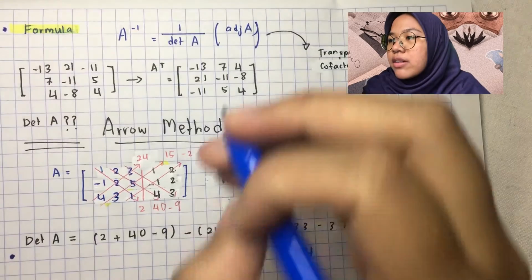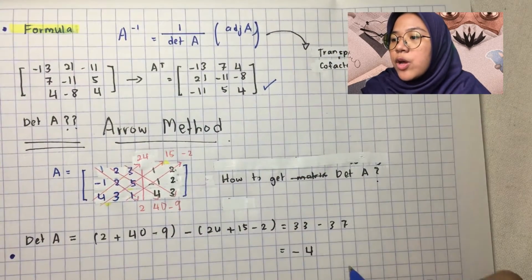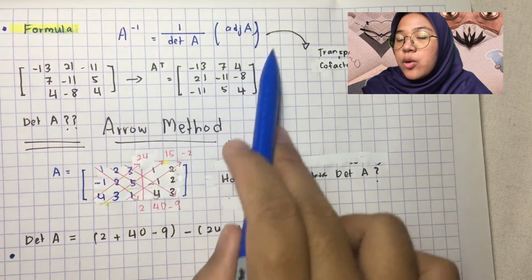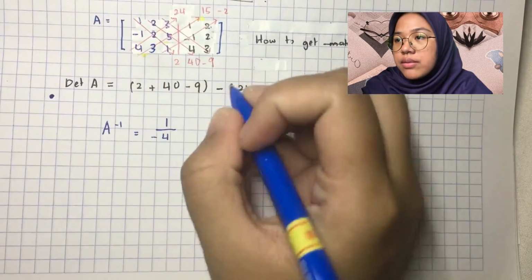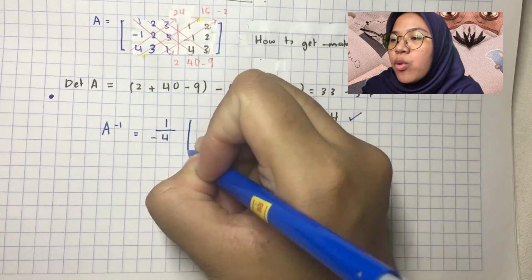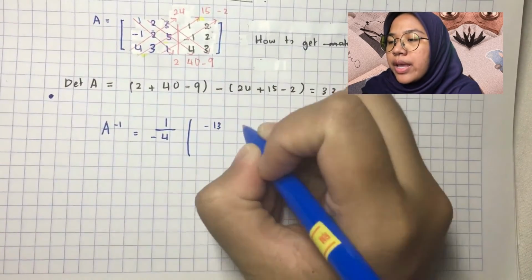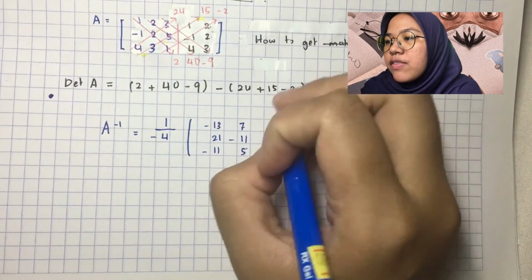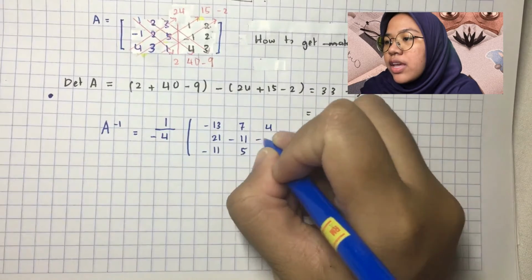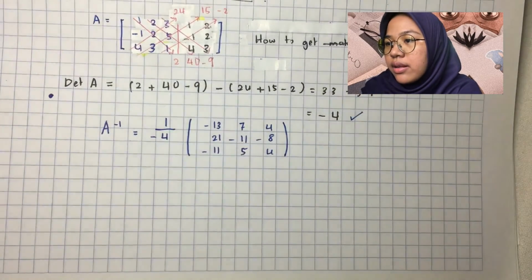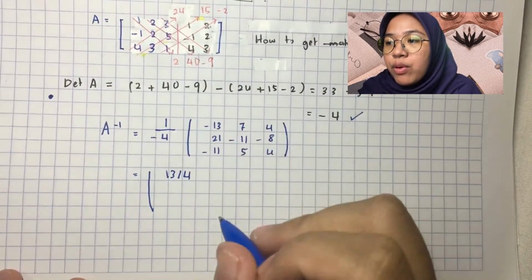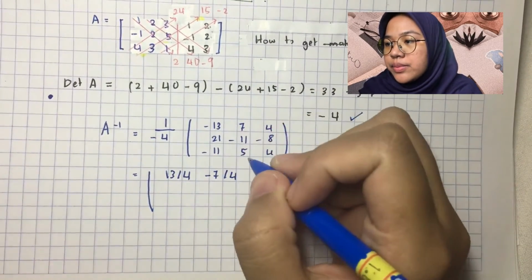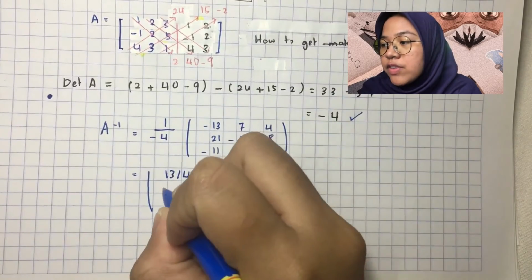So we already get the transpose of cofactor matrix, and we already get the determinant of A. So basically we can use the formula given. So A inverse is 1 over negative 4 bracket negative 13, 21, negative 11, 7, negative 11, 5, 4, negative 8, 4 bracket. After that, we multiply both and we'll get the inverse matrix of A. So this is the inverse matrix of A.